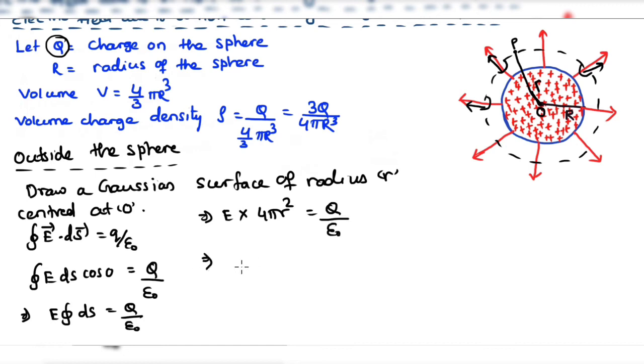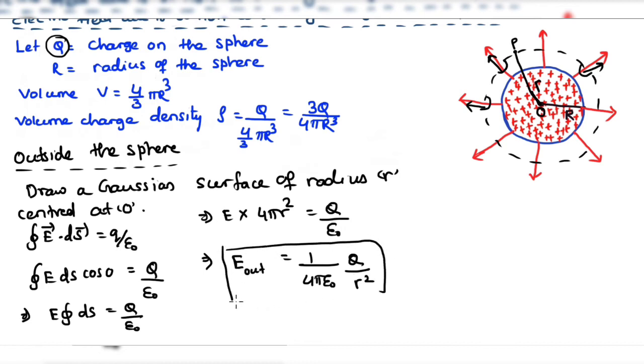That implies E outside is equal to, take this 4 pi r square to the right side, the expression will be 1 by 4 pi epsilon naught Q by r square. So this expression resembles the expression for electric field due to a point charge.